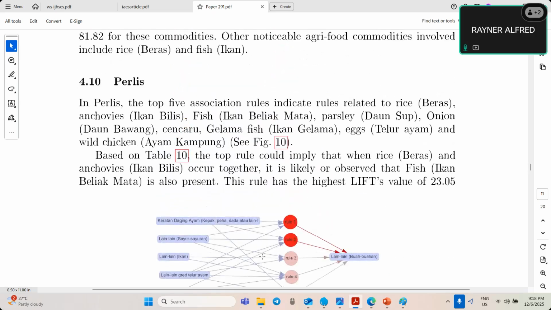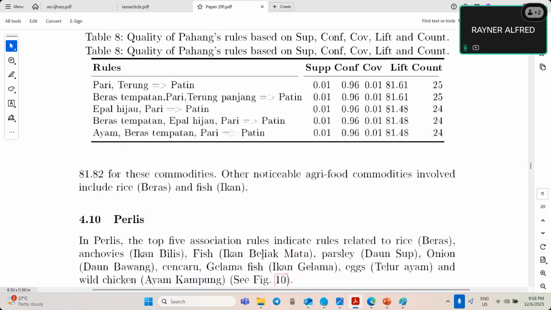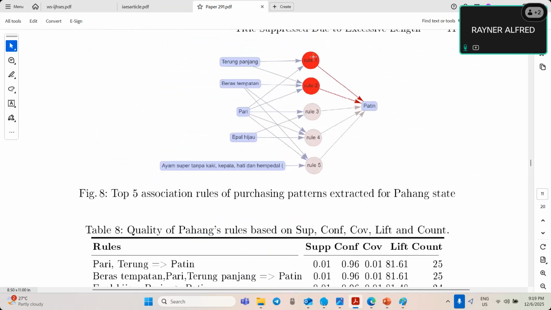So for each of the rules, we can even plot this one. Okay, like this one, terung. If you buy terung, then you buy patin lah.